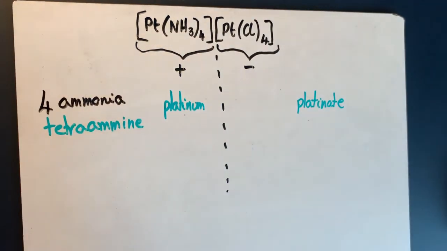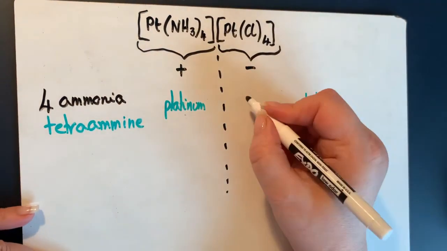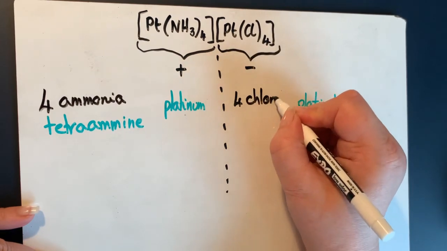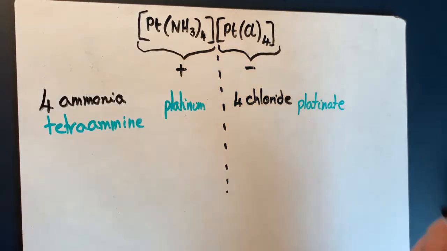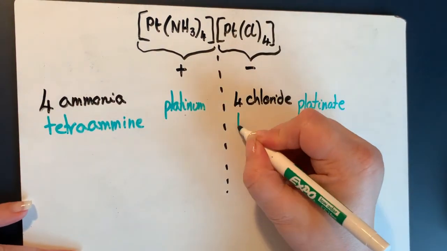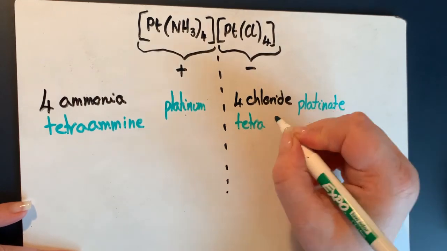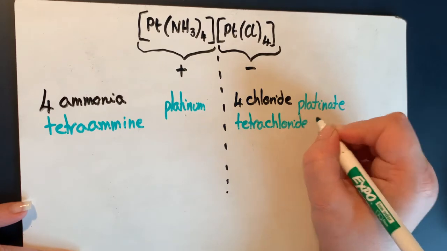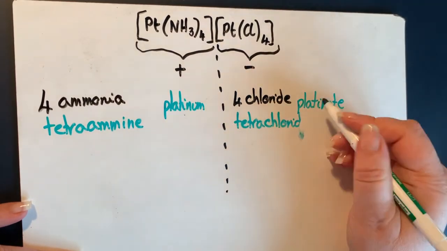And over this side, we've got 4 chlorides. So that would become tetrachlorido.